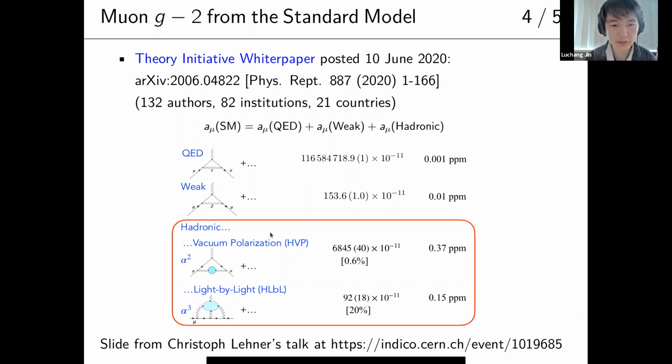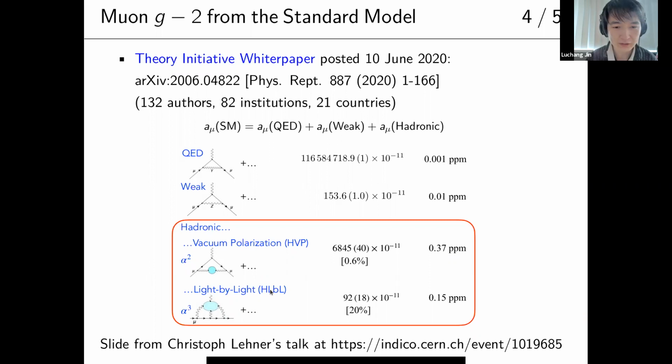Finally, there are the two hadronic pieces. The first is hadronic vacuum polarization, which has a diagram that looks like this. We have a hadronic bubble colored in blue, and it has two additional photons attached, so it's order alpha squared, and that gives the contribution with the largest source of uncertainty at present.